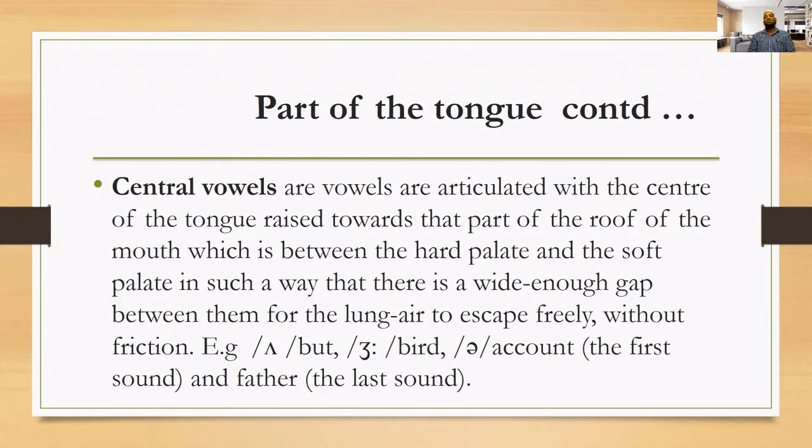Third come the central vowels. Front vowels, back vowels, and central vowels. 4 front vowels, 5 back vowels, and the remaining, 4 plus 5, 9, the remaining 3 are central vowels. Central vowels are vowels articulated with the center of the tongue raised towards a part of the roof of the mouth which is between the hard palate and the soft palate in such a way that there is a wide enough gap between them for the lung air to escape freely without friction.